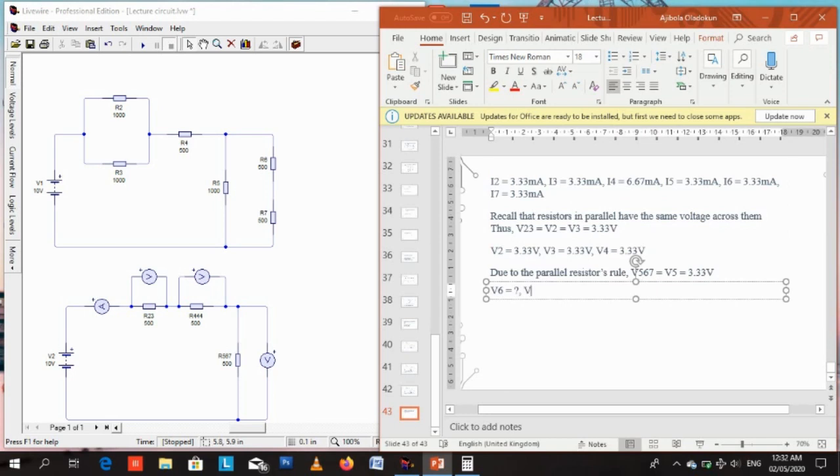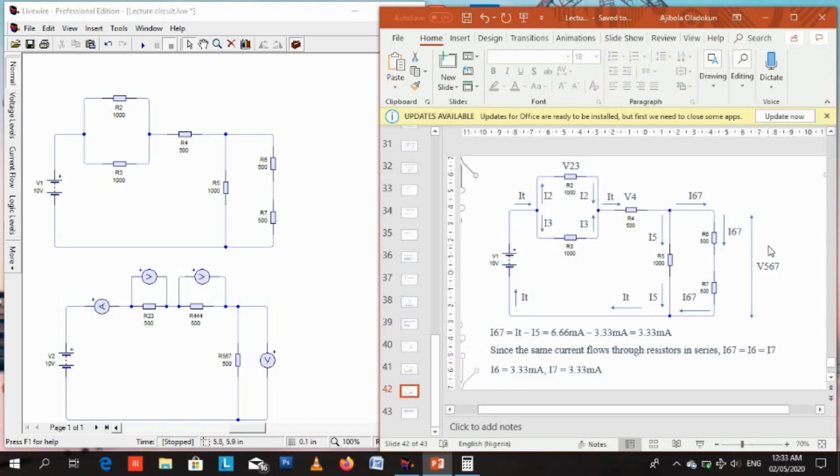What about V6? So far we don't have V6 and V7. Like I've said before, R6 and R7 are in series. Both of them are sharing V567, so V567 is across the both of them in series. We cannot say that V6 is equal to V567, and we can't say that V7 is equal to V567.